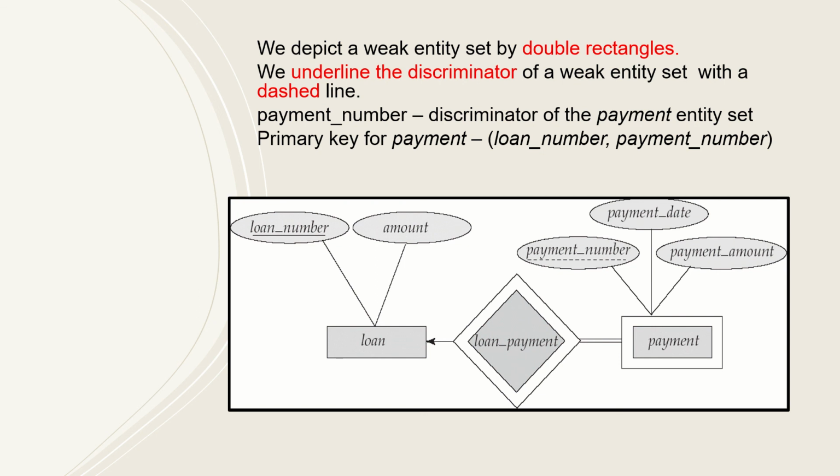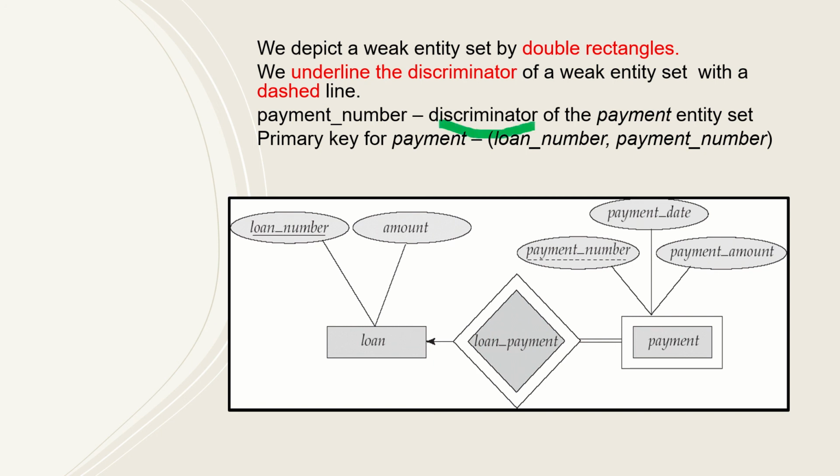We are combining this payment number with the primary key of the parent, that is, the primary key of the identifying entity set, which is the loan. If you take the loan number and payment number combination, it can uniquely identify each and every entity in this entity set. Okay. So in this case, the primary key or partial key of payment will be the loan number along with the payment number.